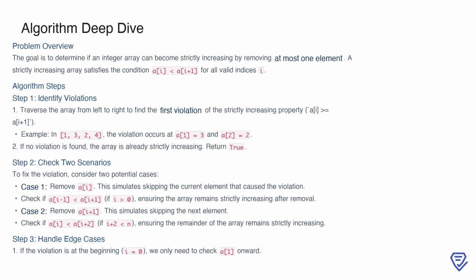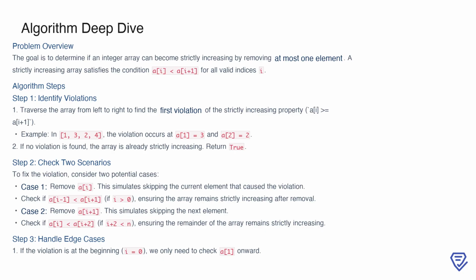First, we consider removing the current element causing the violation, nums[i], and check if the remaining array becomes valid. Specifically, we ensure that nums[i-1] < nums[i+1] if i > 0. Alternatively, we consider removing the next element, nums[i+1], and verify that nums[i] < nums[i+2], if i+2 is within bounds.